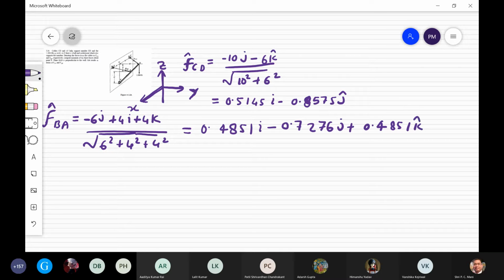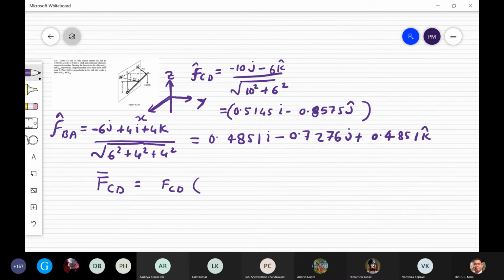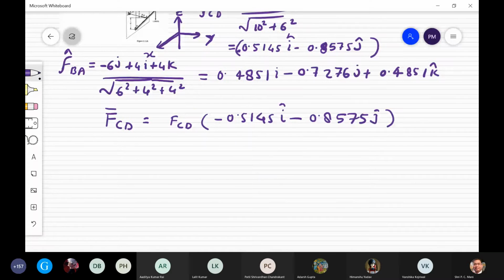Okay, so force vector FCD will be FCD into this one, okay, minus 0.5145 i minus 0.8575 j. Okay, clear.